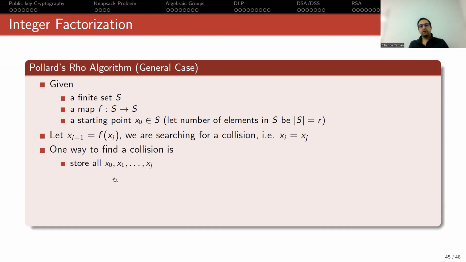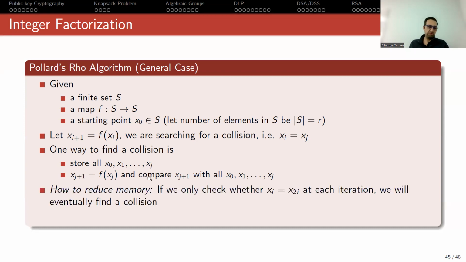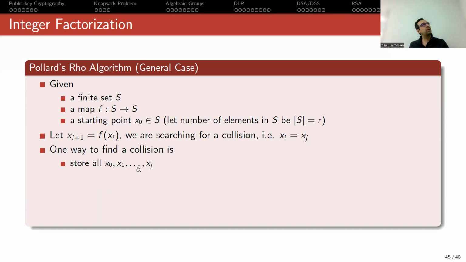One way to find a collision is to store all of the xi's. Since you are calculating a new xi all the time, you can simply check whether this new value was observed among the previous ones. This way you can find if xi equals xj. Another way is to do an optimization, because if you do this, you have to store every value, right?